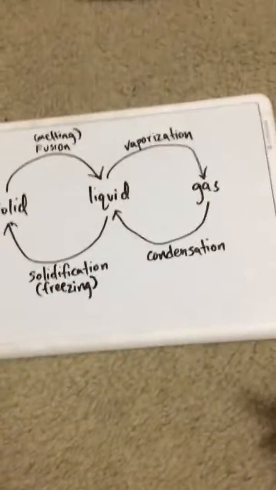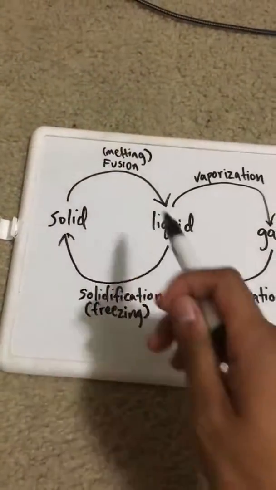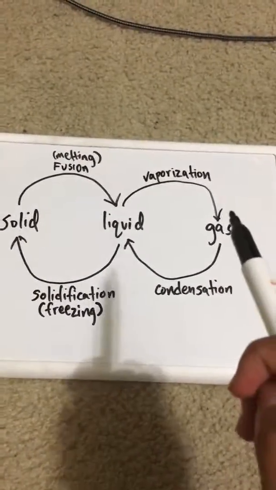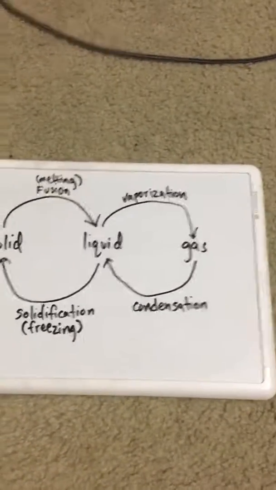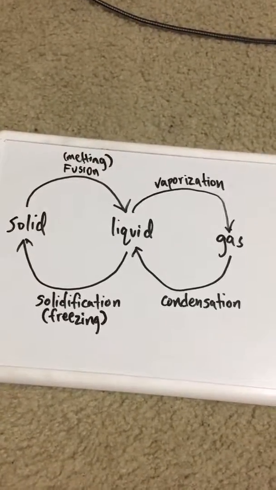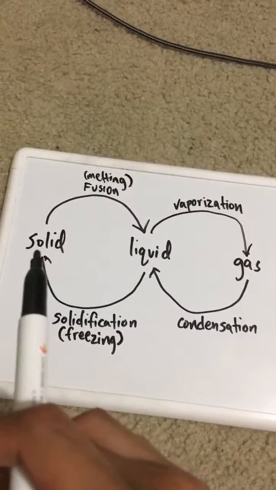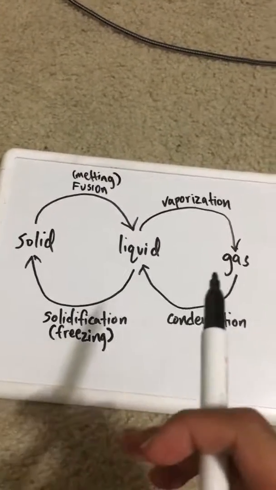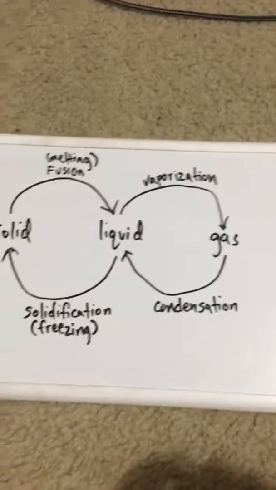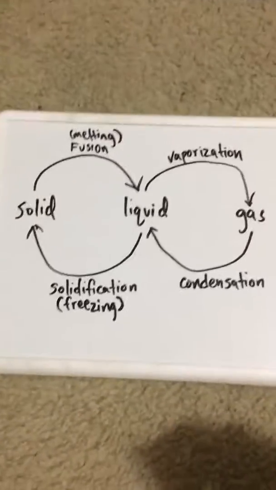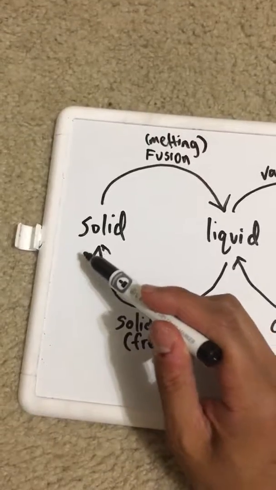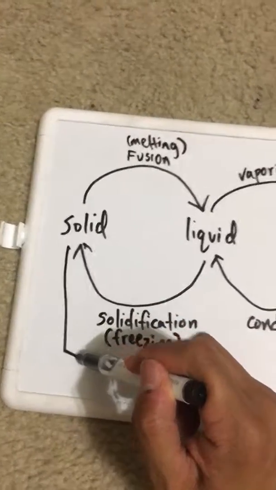Okay, now we know how to get from solid to liquid to gas, and from gas to liquid to solid. But there are some instances where we don't have to go through the liquid to get a solid to become a gas. Now, what can that be called? This is a very hard word. The word is sublimation.